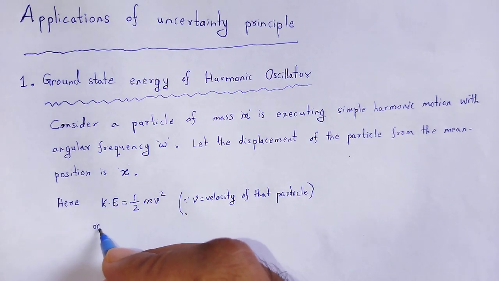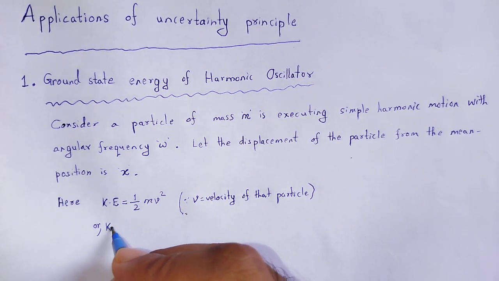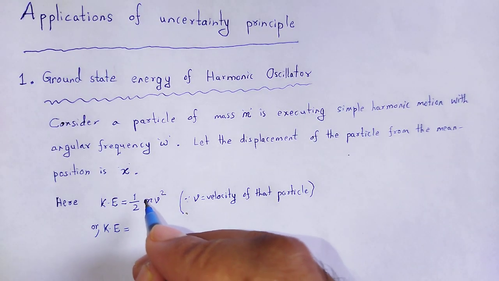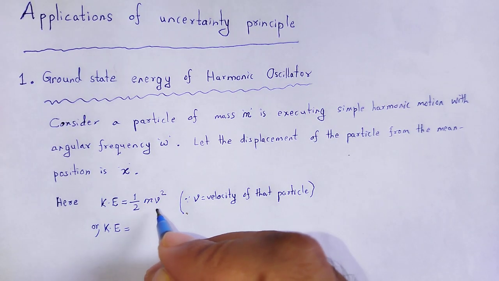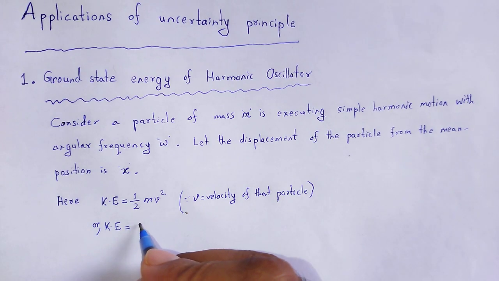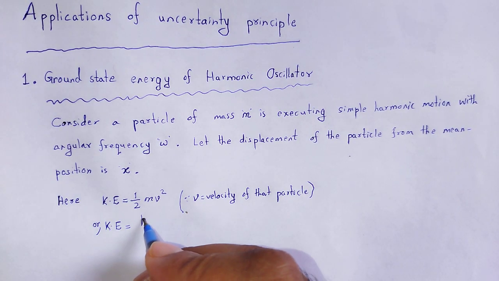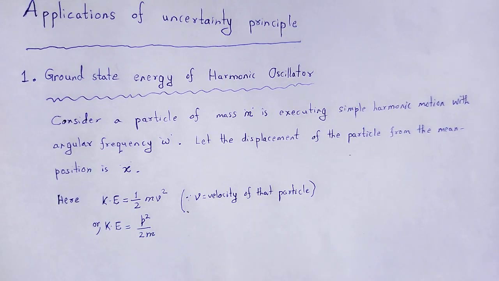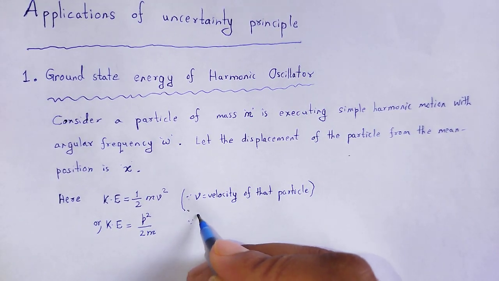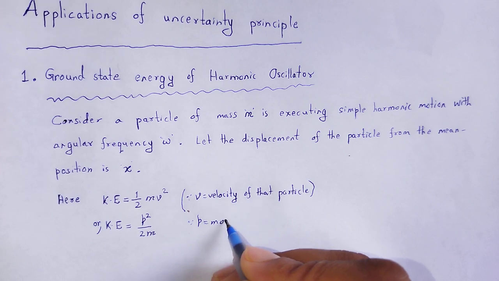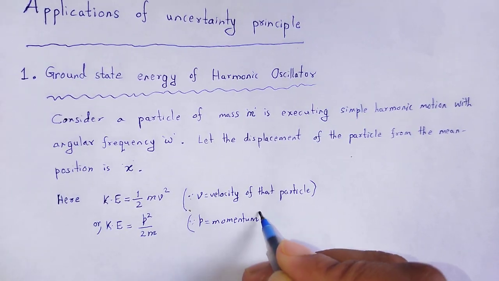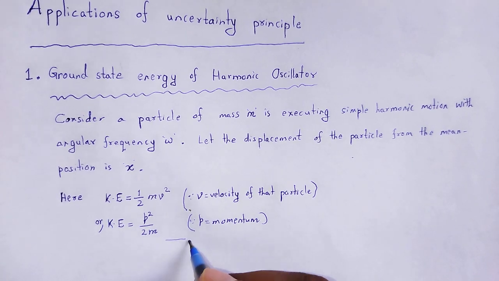In terms of momentum, we just multiply and divide by m, so it will be p square divided by 2m, where p is the momentum. Equation 1.